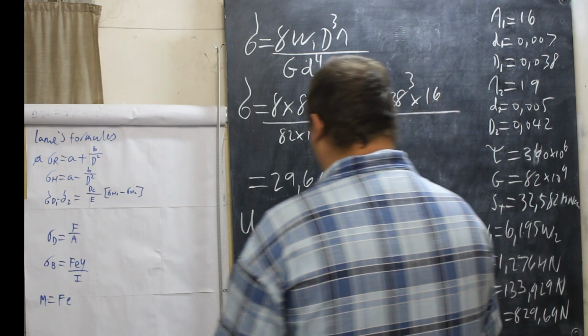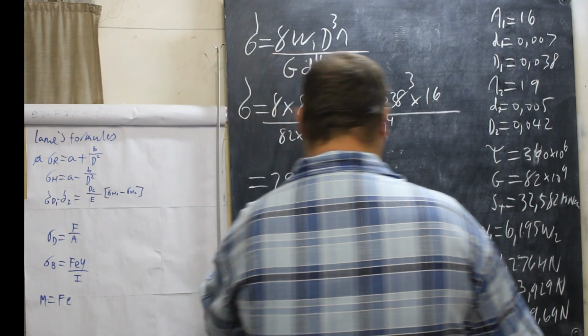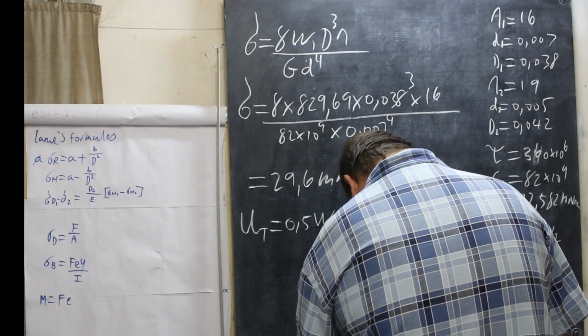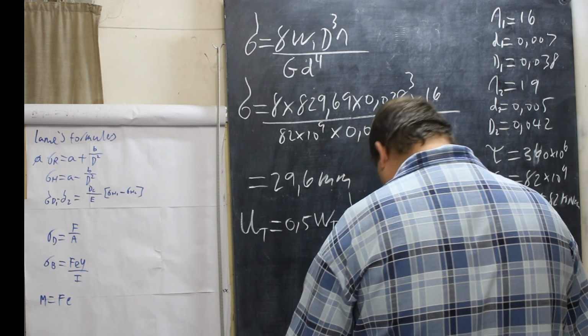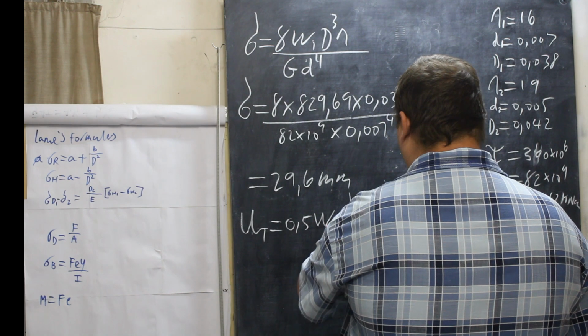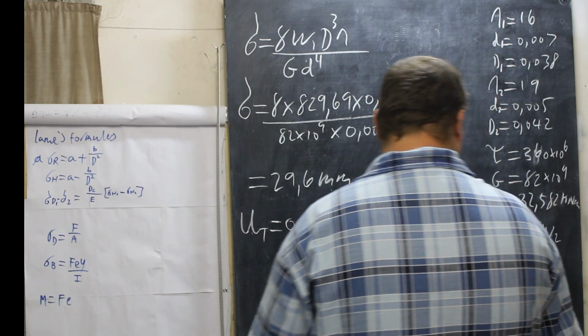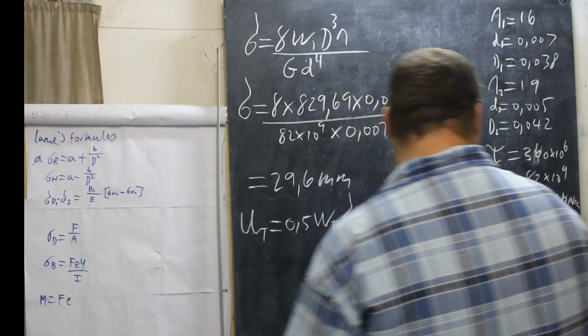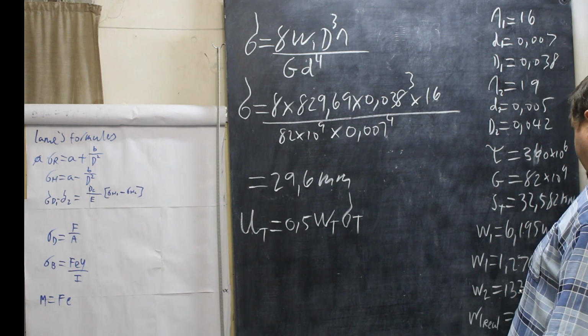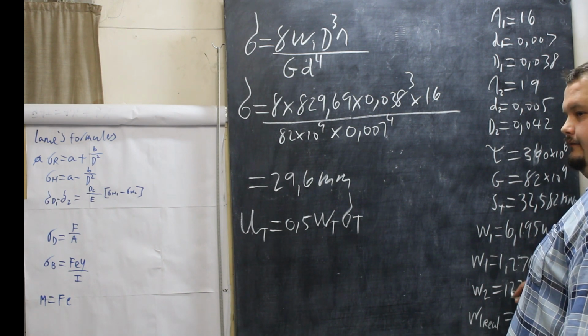So we want the total strain energy, so we need U. So WT, we take W1 real and W2 real and we add them together.